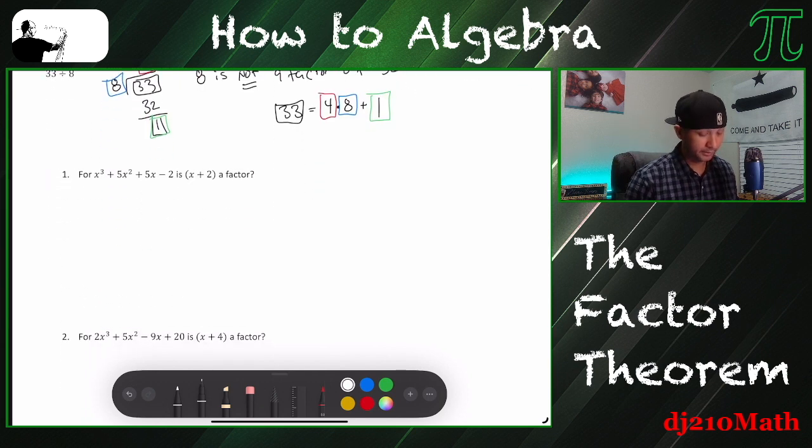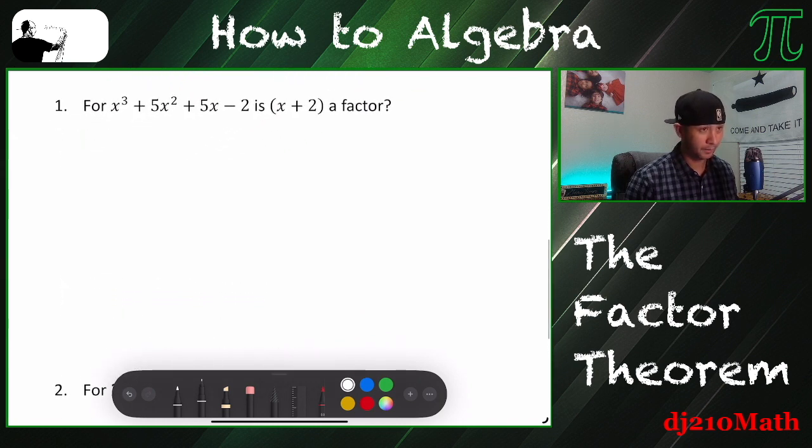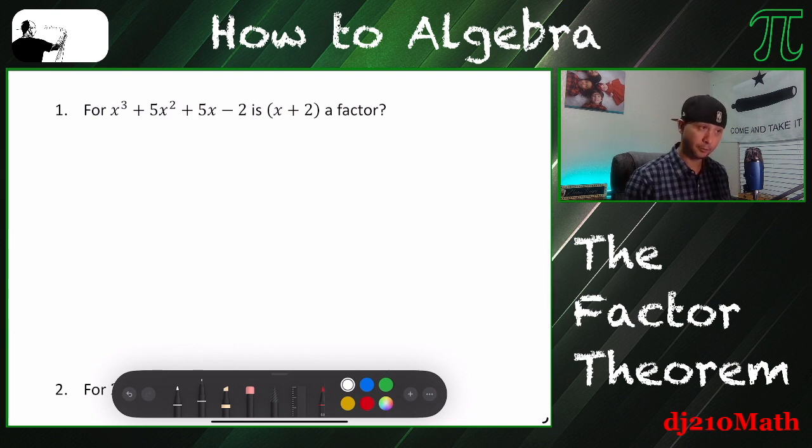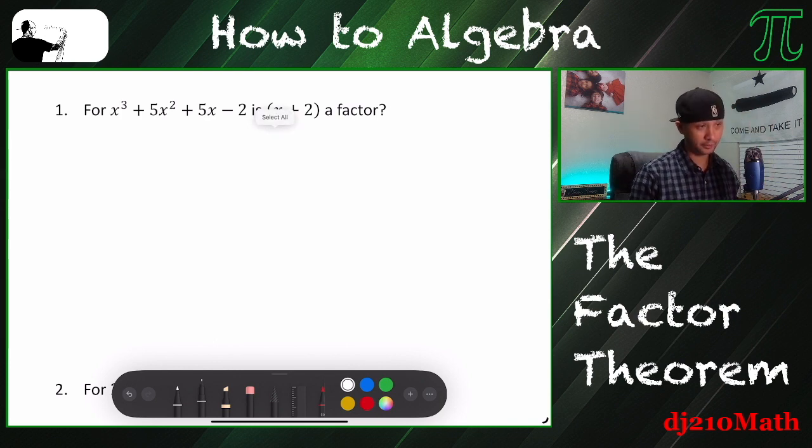All right, so let's see the first example. We have a couple, so it shouldn't take long. Number 1. For x cubed plus 5x squared plus 5x minus 2, is x plus 2 a factor? That's the question. If we set the factor equal to 0, we get x is equal to negative 2.